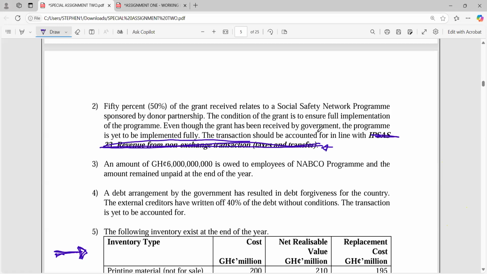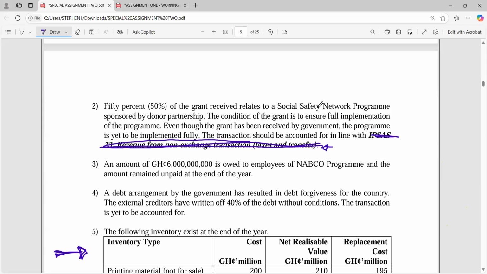Even though the grant has been received by government, the program is yet to be implemented fully. We've not implemented it yet. So even though we have received it, it is not a grant to us yet. We shouldn't recognize it as revenue yet because we have not fulfilled it. We have not implemented it fully.